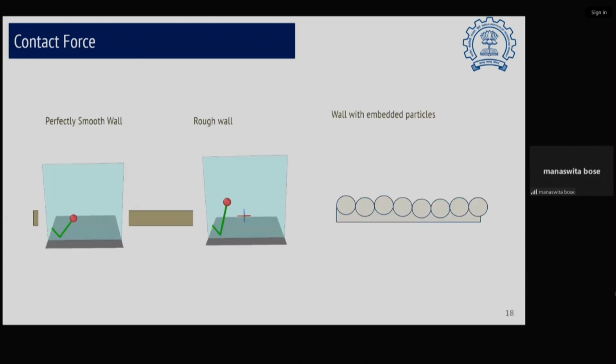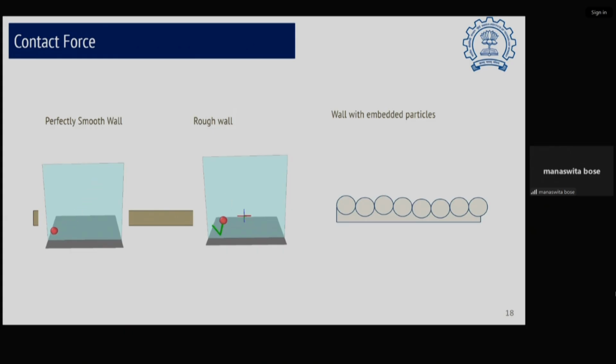So here you see, when we are talking about the wall-particle situation, we can have a perfectly smooth wall or we can have a rough wall. In a general rough wall, the way the collision happens looks different. In one case it is a perfectly specular collision.